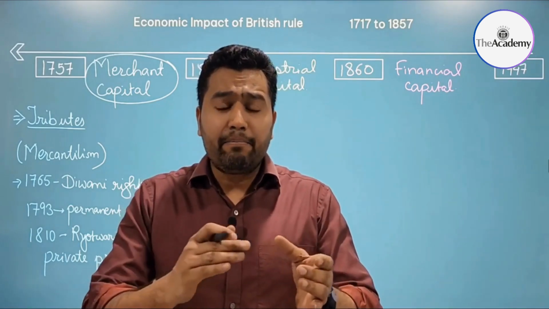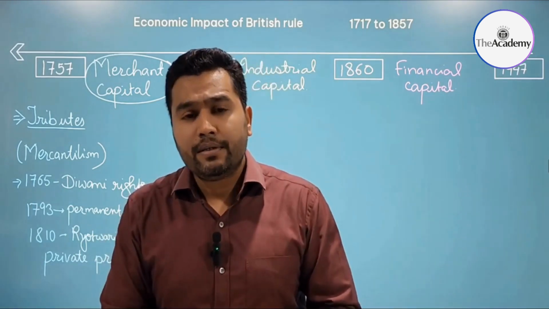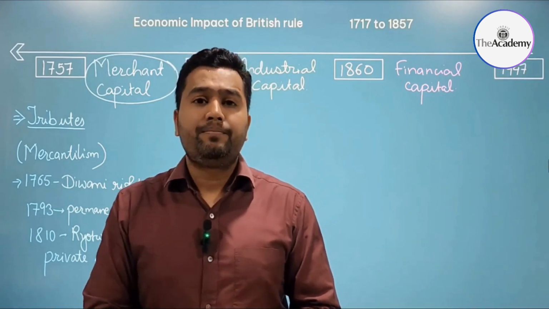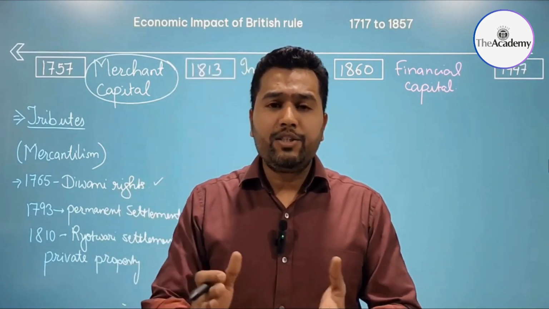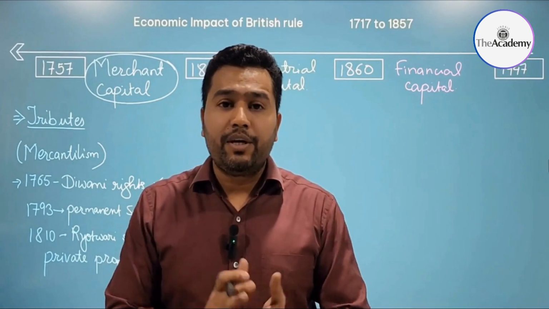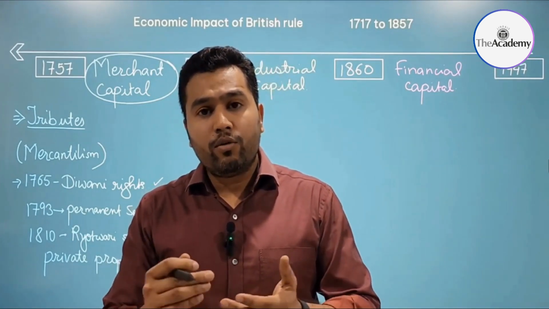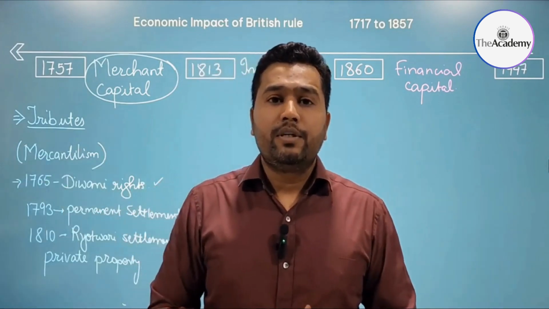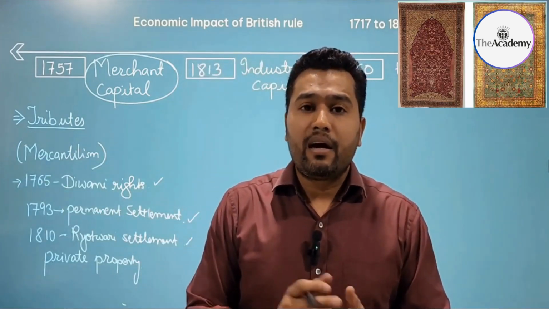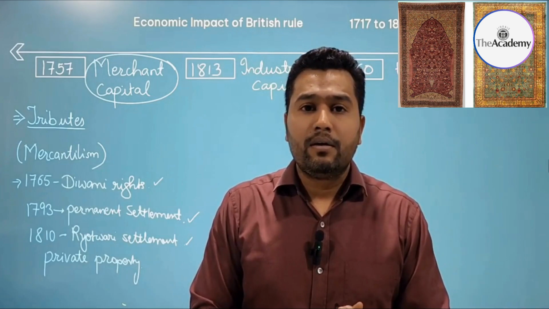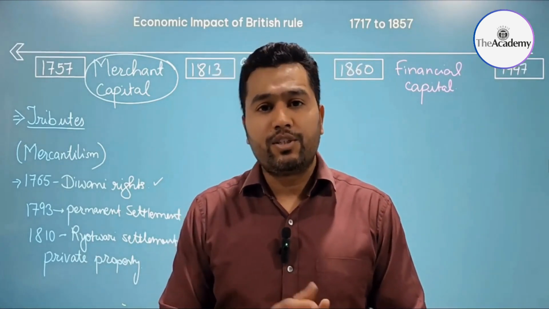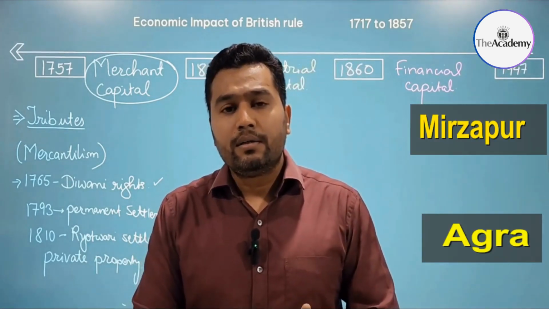In fact, the entire pattern of trade was shifted. For example, traditionally, prior to the advent of the British, Indian cotton was mostly transported to regions where carpet making and the weaving industry flourished, such as Mirzapur and Agra.